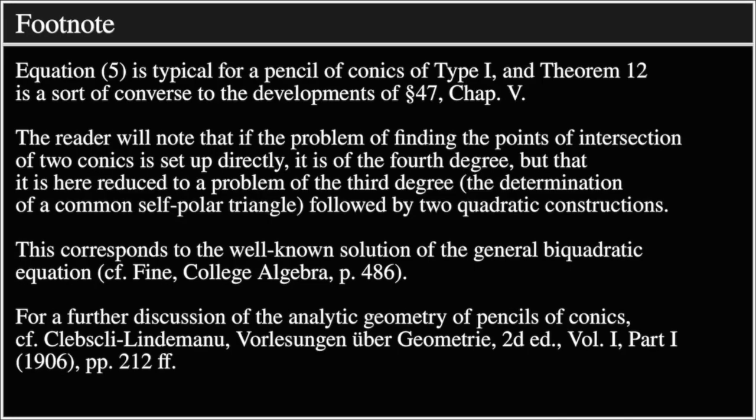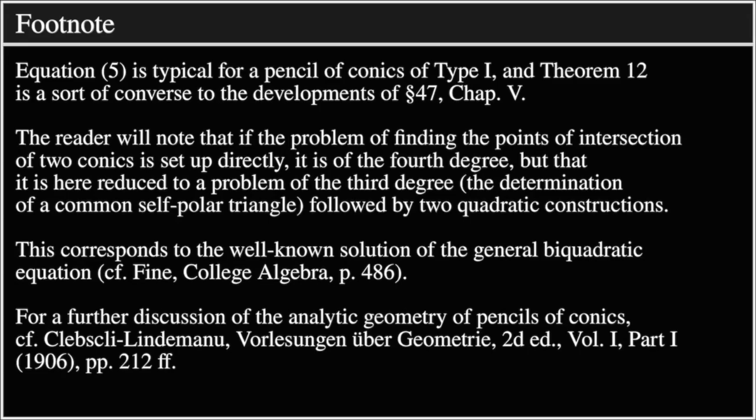Footnote: equation 5 is typical for a pencil of conics of type 1, and Theorem 12 is a sort of converse to the developments of Section 47, Chapter 5. The reader will note that if the problem of finding the points of intersection of two conics is set up directly, it is of the fourth degree, but that is here reduced to the problem of the third degree, the determination of a common self-polar triangle, followed by two quadratic constructions.